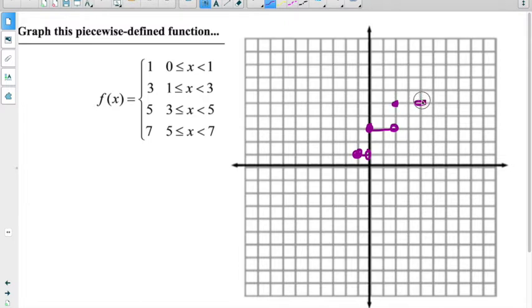If we just continue graphing these, we're going to notice this little pattern, and it almost looks like we're hopping up. Notice that on each vertical line there's an open circle and then a closed circle, an open circle and then a closed circle. This is going to continue on potentially forever and ever with step functions.